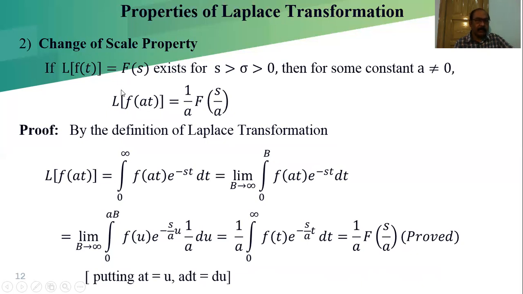Instead of f(t), if we take the Laplace transformation of f(at), then what would be the result? When we change the scale, that means t is multiplied by a, we will get 1/a F(s/a). Now we have to prove it.